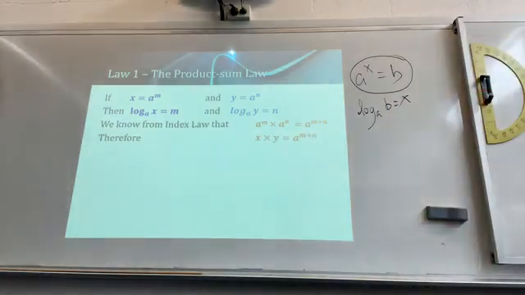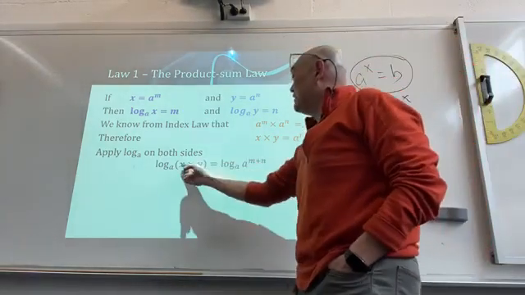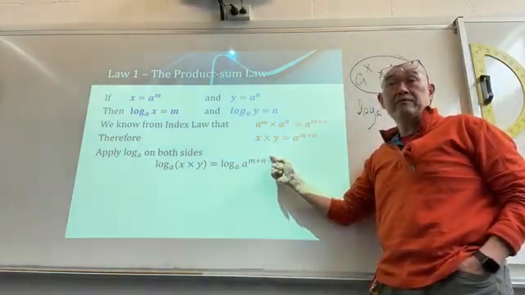Yeah. Now, let's apply log base a on both sides. What happened? So if I apply log base a on both sides, therefore log base a of x times y equals log base a of a to the power of m plus n. Correct?